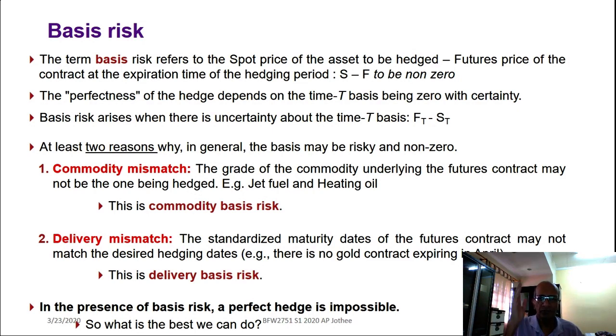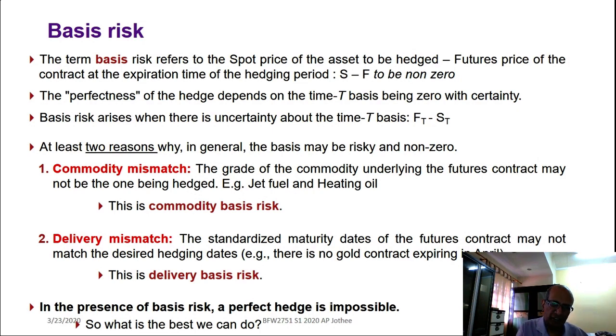So at the terminal time in June, the spot price of the gold and the futures price of the silver that day may be different. When you subtract the futures price of the silver from the spot price of the gold, it will be non-zero. That means the basis is persisting. That is where the basis risk comes in.